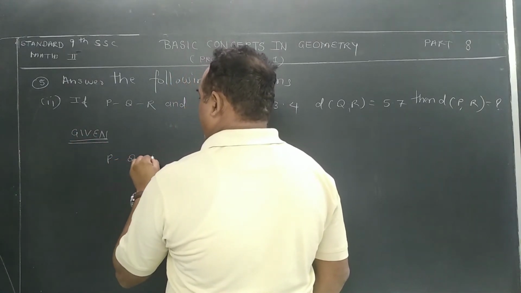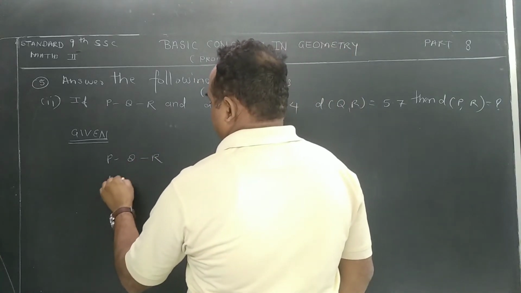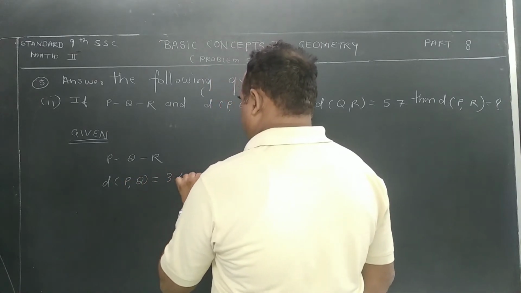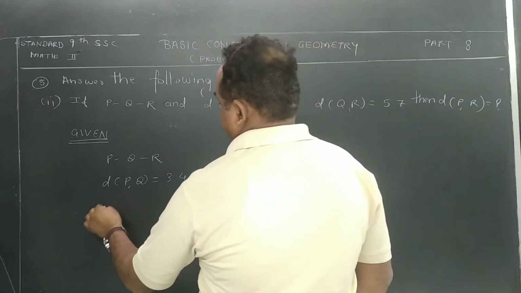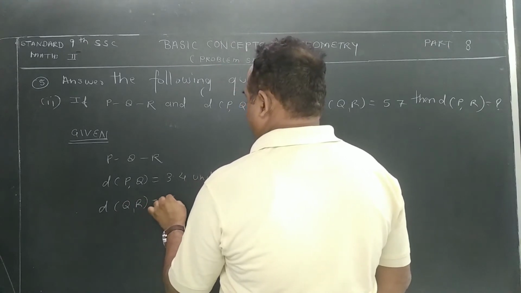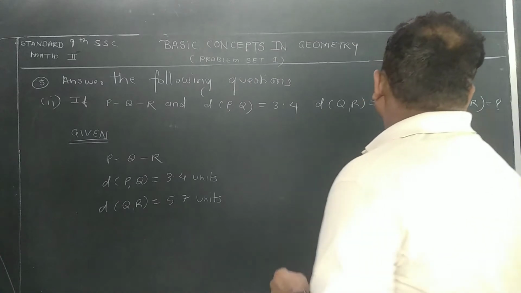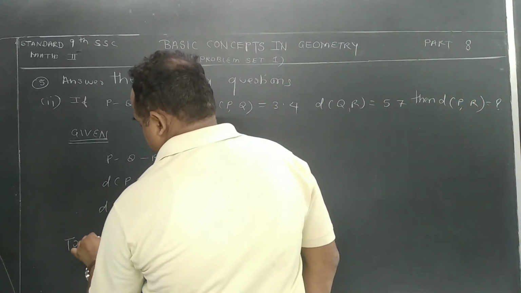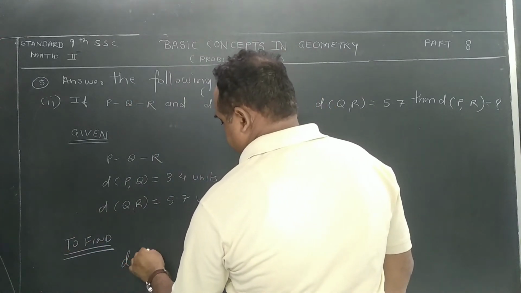Q lies between P and R. Distance PQ is equal to 3.4 units. Distance QR is equal to 5.7 units. And what we have to find is distance PR.